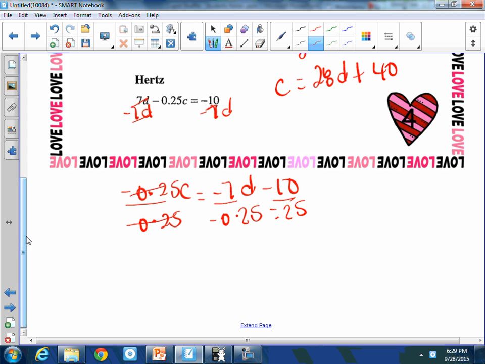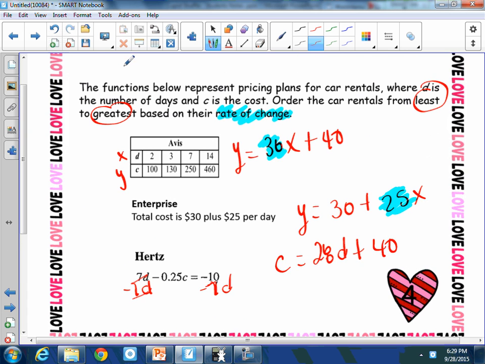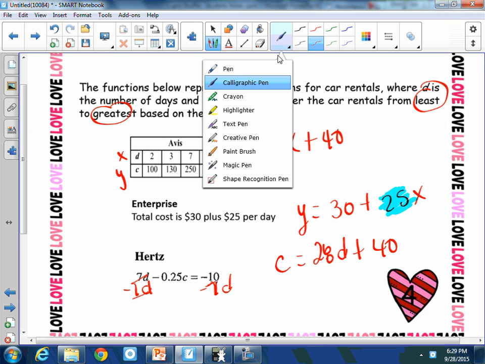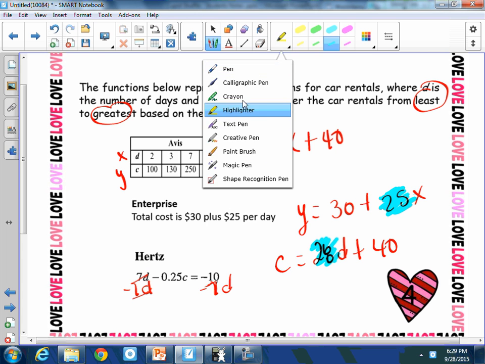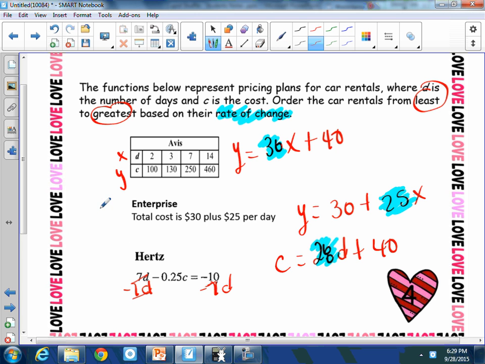All right, so I'm going to go up, highlight my slope, and then order them from least to greatest. That's my slope. So the smallest one would be, this is the first one that I would put into order because that's the smallest. Then it will come Hertz.